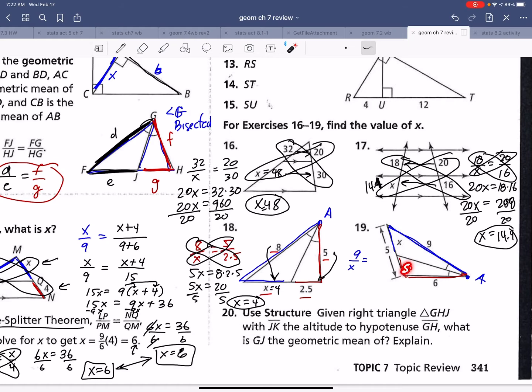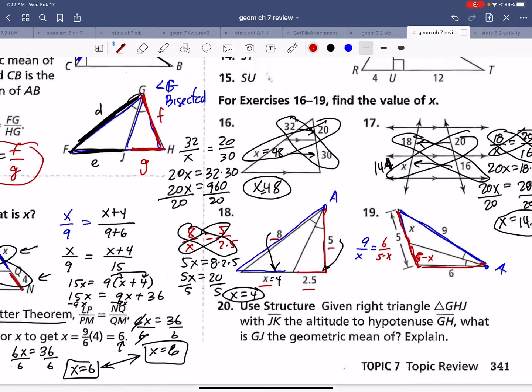Well, you took 5, take away x, whatever x is. So if x was 3, 5 take away 3 gives me 2. So this should be the expression 5, the whole thing, take away x. So I do side 6, bottom 5 take away x. And that's what I'm going to cross multiply to solve.